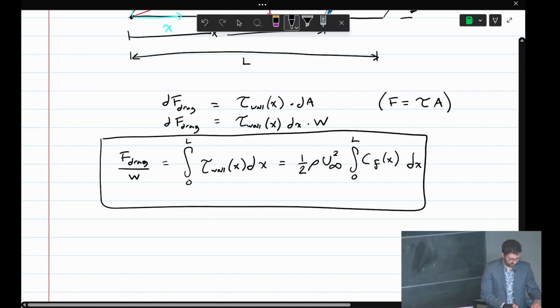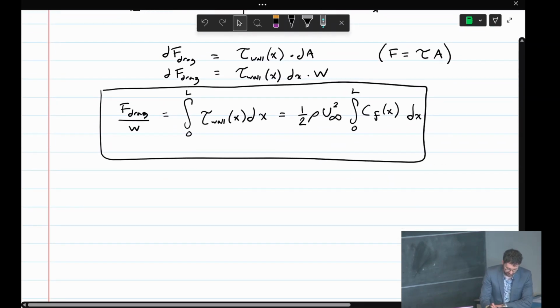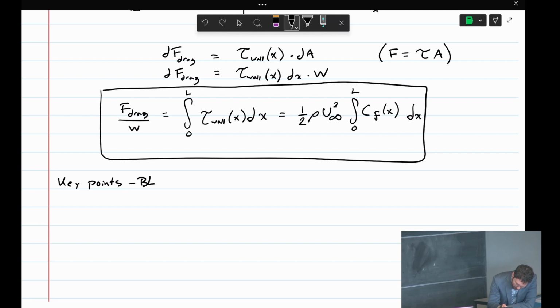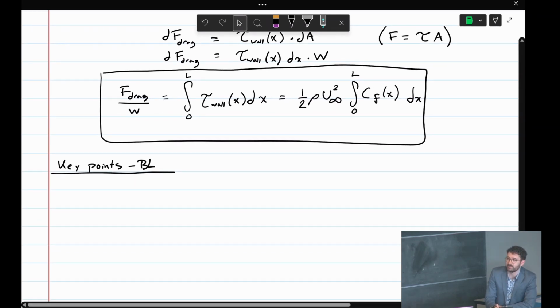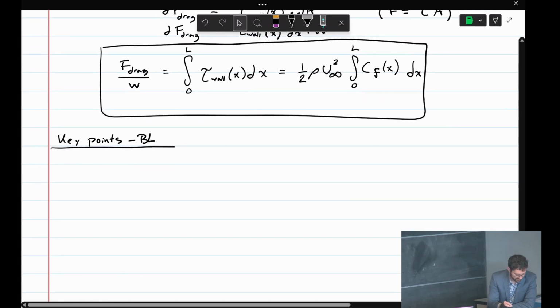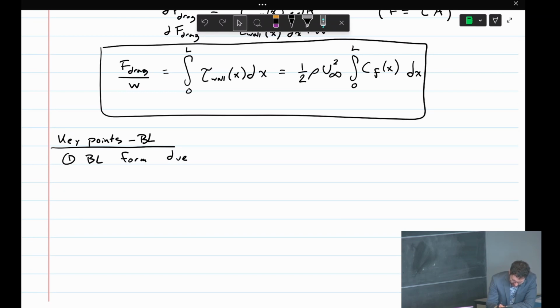So I will now summarize the boundary layer notes. Key points on boundary layers. First, the boundary layer forms due to viscous forces plus the no-slip condition.